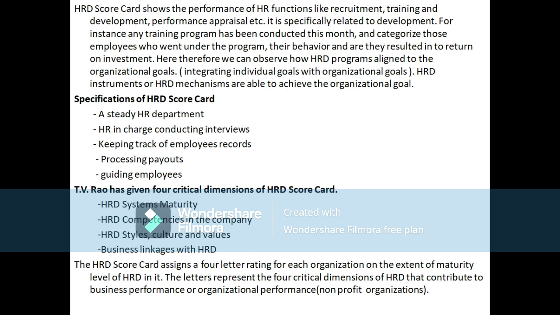Next, specifications of the HRD scorecard. Specifications here means that, in order to conduct an HRD scorecard, first of all an organization should have an HR department, an HR in-charge who is going to conduct the interviews, recruitment, etc., and keep track of employee records. Employee records means the performance level.